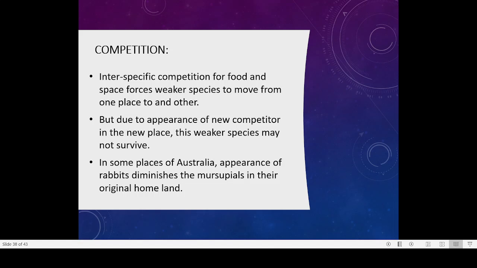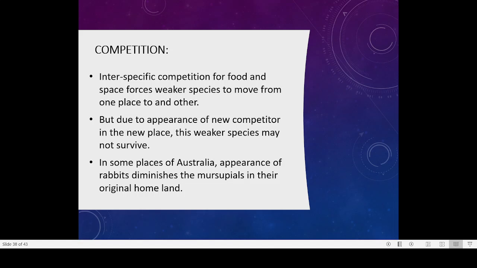So either one species has to modify its requirement or move away from the original habitat. Interspecific competition for food and space forces the weaker species to move from one place to another. But due to the appearance of a new competitor in the new place, this weaker species may not survive.